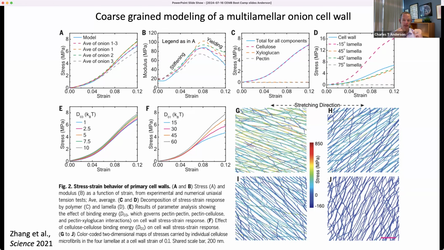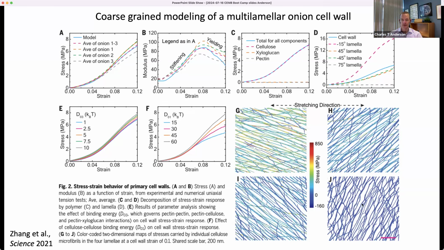So when they did this, for instance, they stretched the wall in this direction, they saw that the cellulose that was arranged closest to the stress direction experienced a high level of stress, which you might expect, right? It's potentially resisting that deformation in this side-to-side direction the strongest.